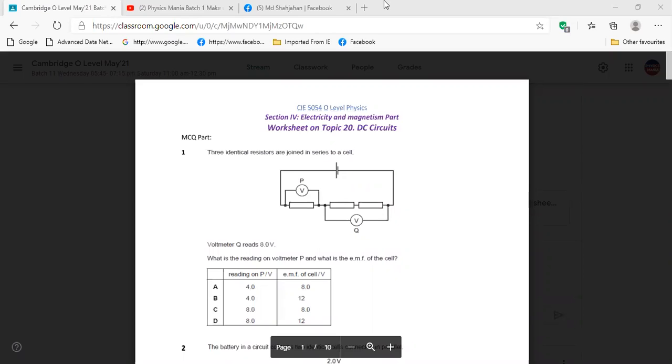Yes. Then 6. 6B. Bangladesh. Yes. Then 7. 7C, sir. C. Yes. Okay.